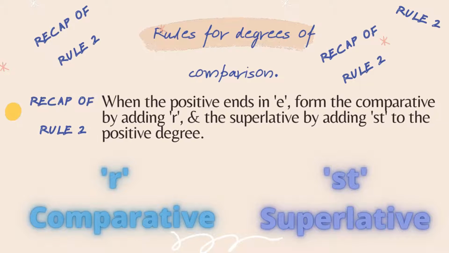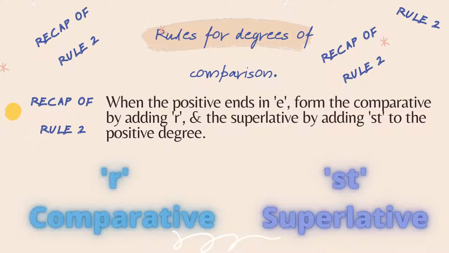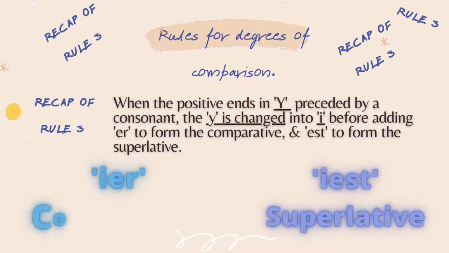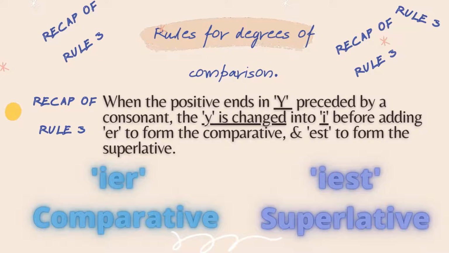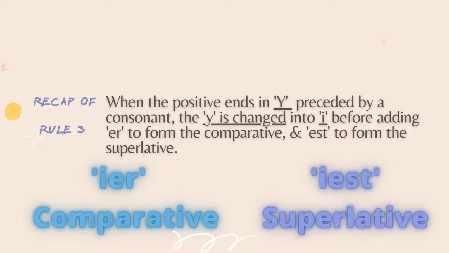The rule 2 is when the word in the positive degree ends in E. You should add R for comparative and ST for superlative. So the recap of rule 3 is when the positive word ends in Y, you should cut out the Y and you should add IER for comparative and IEST for superlative.